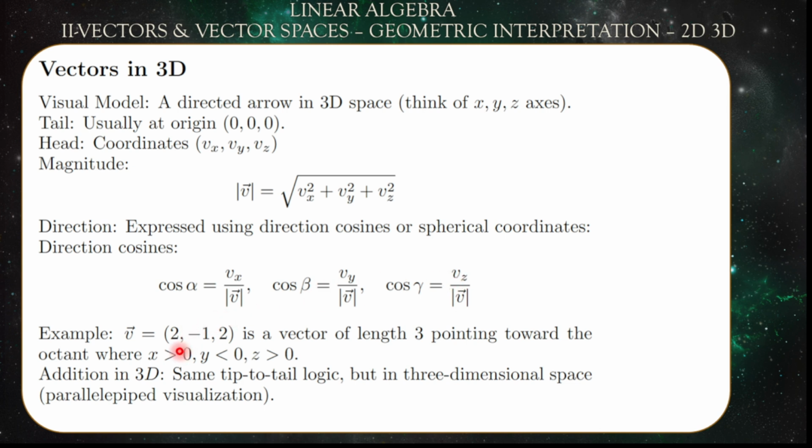So let's say V is equal to (2, -1, 2), a vector of length 3 pointing toward the octant where x is greater than 0, y less than 0, z greater than 0.